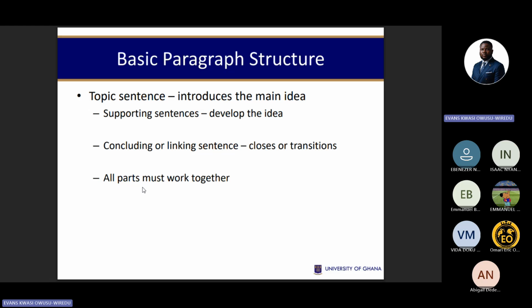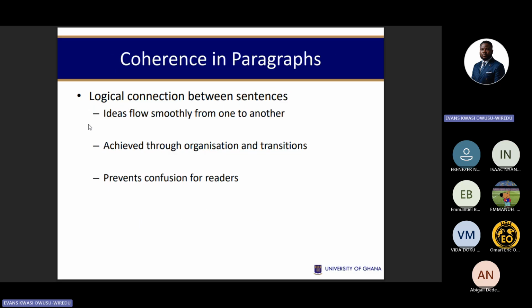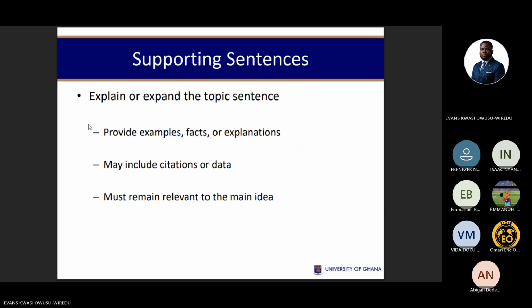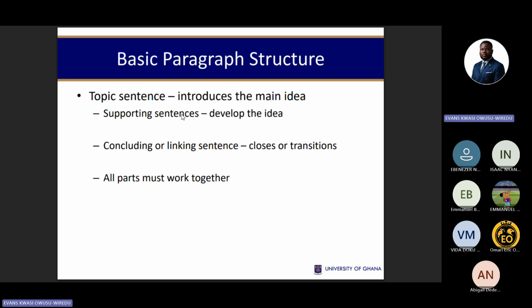Okay, so let's move on to the next point. These ones are not many, so we are just having fun with them. Apart from these structures, there are more things that pertain to a paragraph.